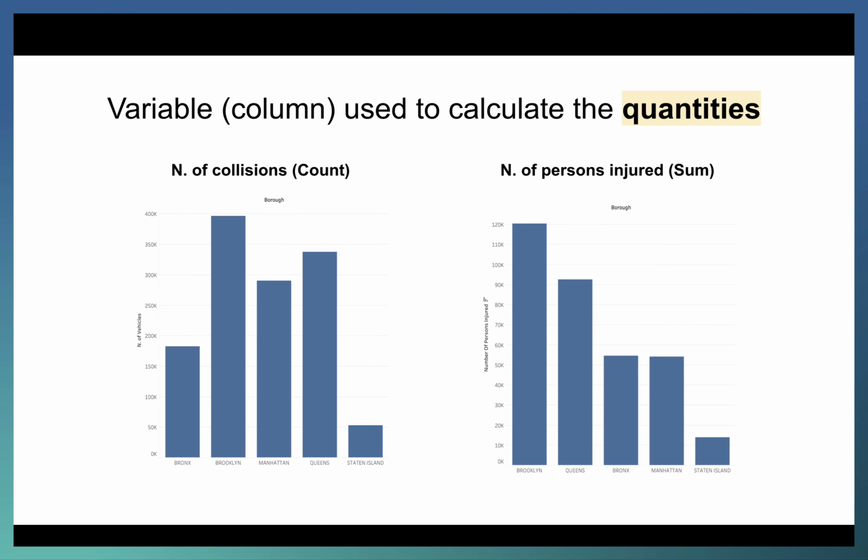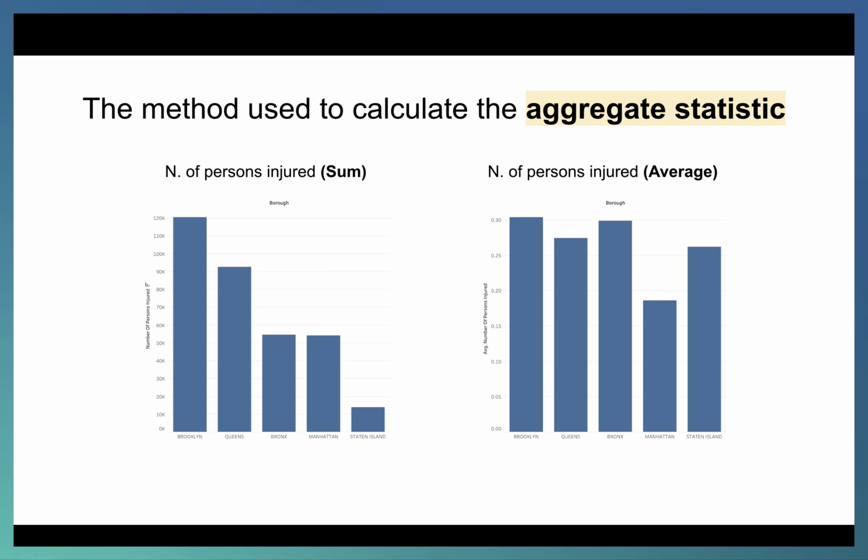So if we focus on number of persons injured, we could sum the number of persons injured within each group. Or, for example, as we show in the graph on the right, calculate the average number of persons injured per collision. And as you can see, we have different trends.